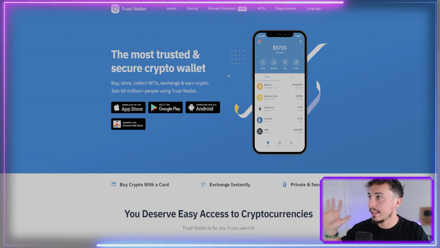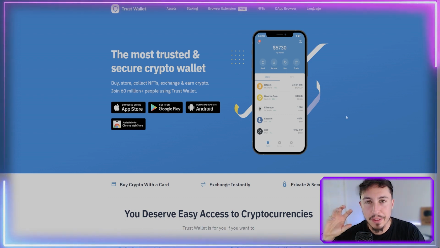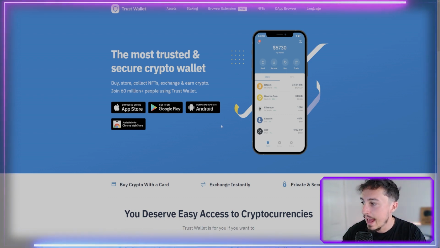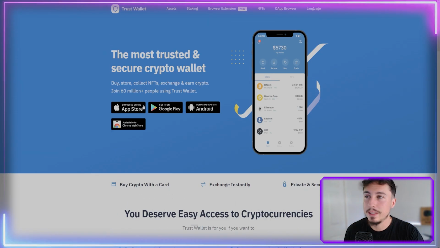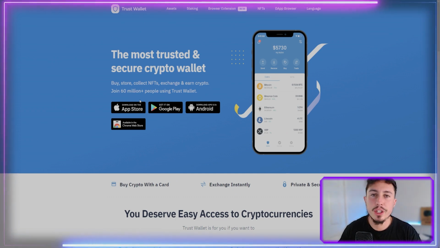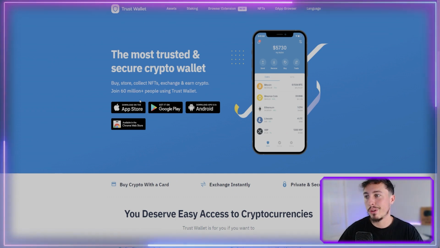The other good one is Trust Wallet, very popular on the Ethereum mainnet. Ethereum is going to be very popular right now with shitcoins and meme coins. Alternatively, you've got the Binance Smart Chain, BRC20 coins also growing quite a lot at the moment.